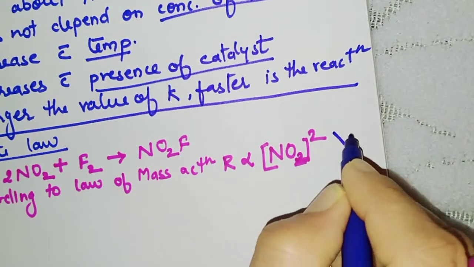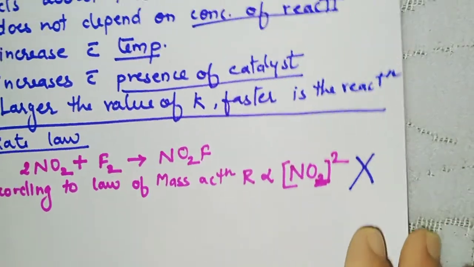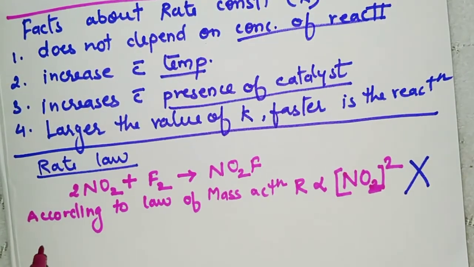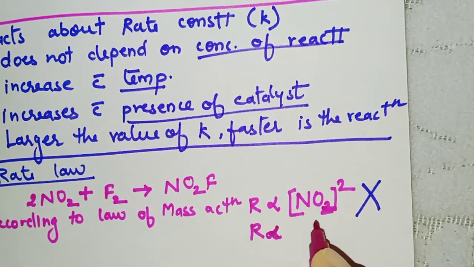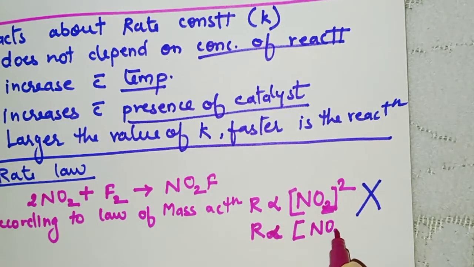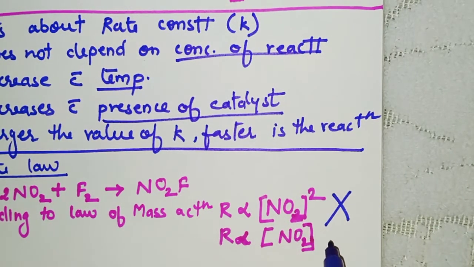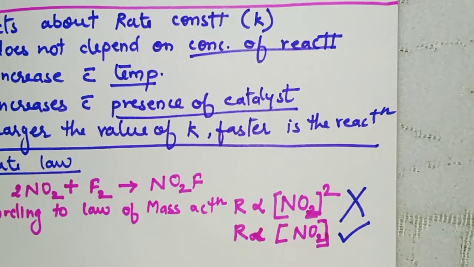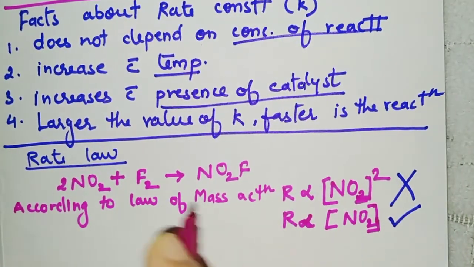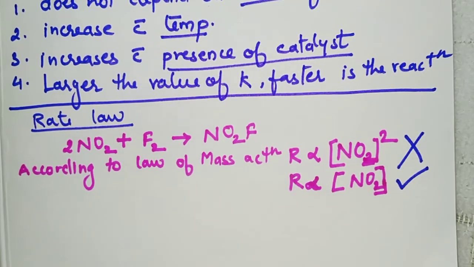Experimentally it was found wrong. Experimentally, what was correct? Experimentally this was found correct. So then a new term was introduced, that was rate law.